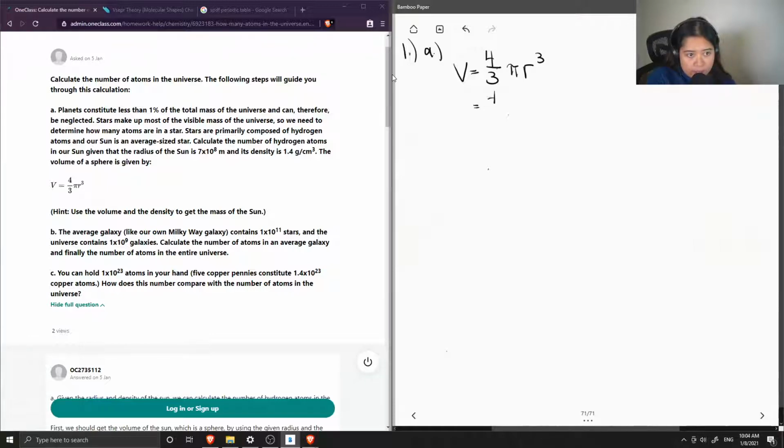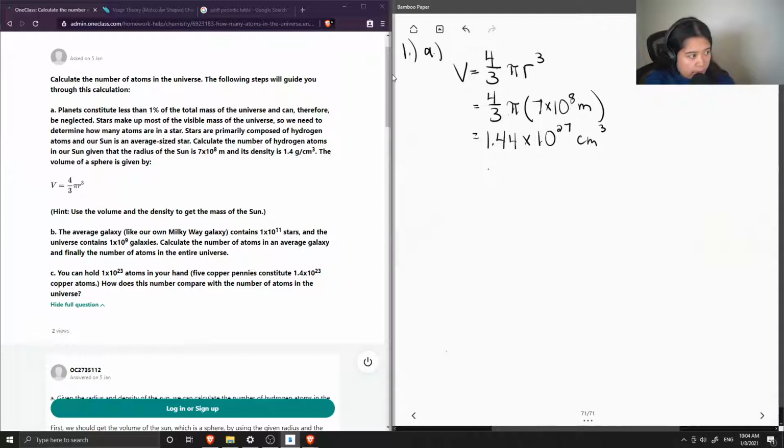So let's plug that into our equation for volume. And if we plug this into a calculator, you end up with a volume of around 1.44 times 10 to the 27 centimeter cubed.